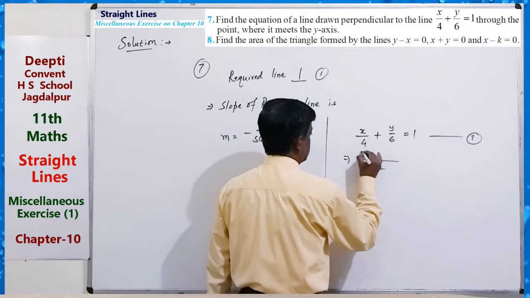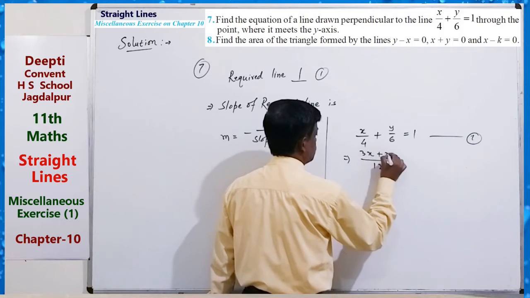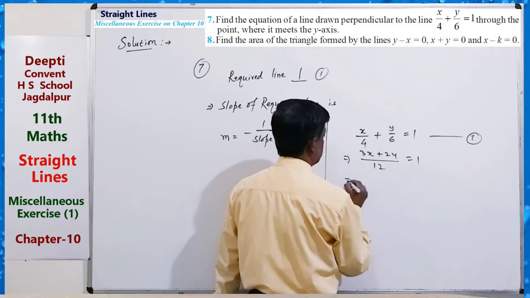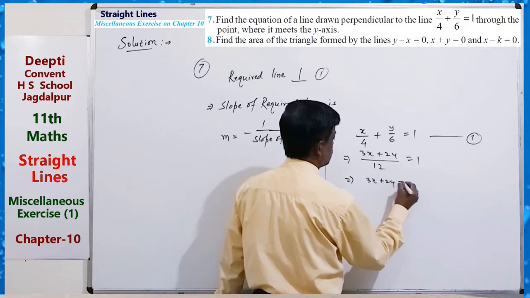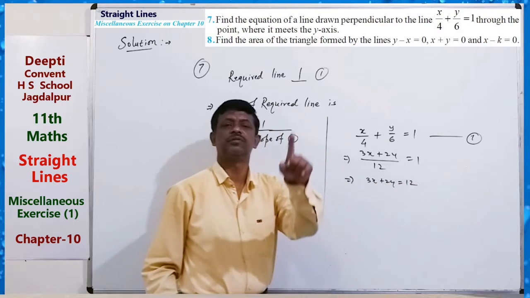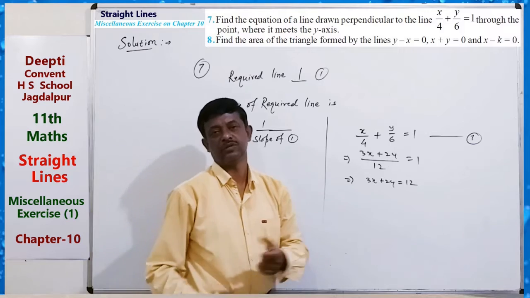So 3x plus 2y equals 12. Write it in the form y equals mx plus c, then we can find the slope.